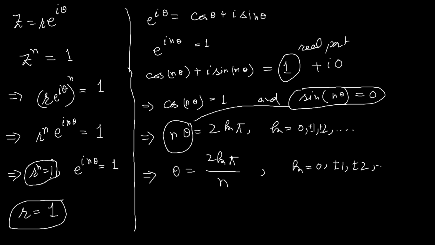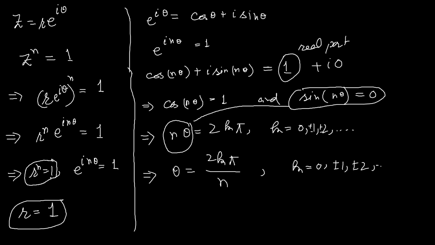In this form, there are many complex numbers that are repeating. For example, for the value of k equal 0, we have theta equal 0, and for k equal n we have theta equal 2 pi. So the angle theta equals 0 and the angle 2 pi are equivalent. They lie at this point, so they generate the same complex number.